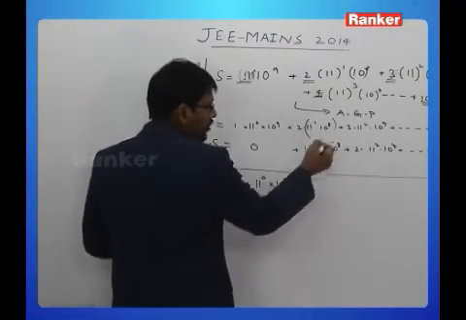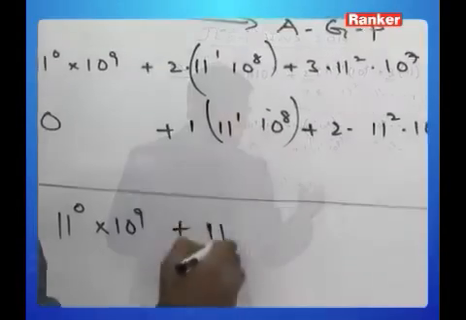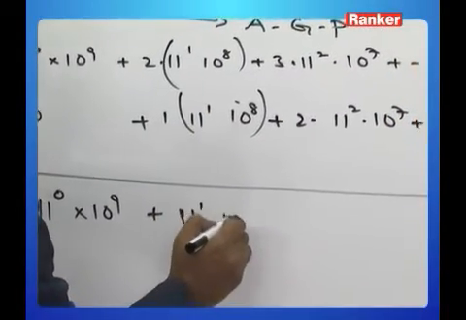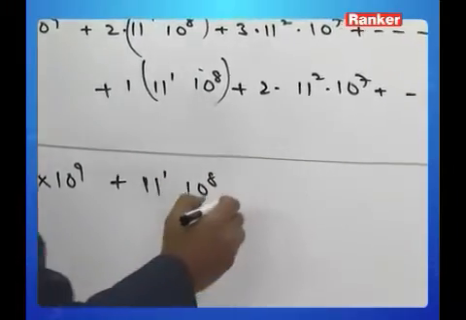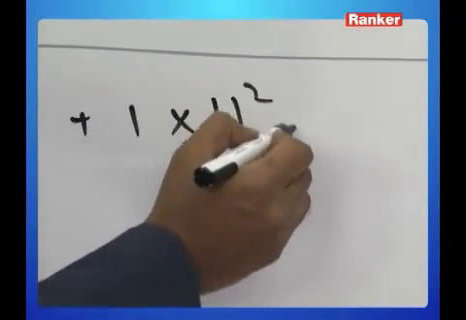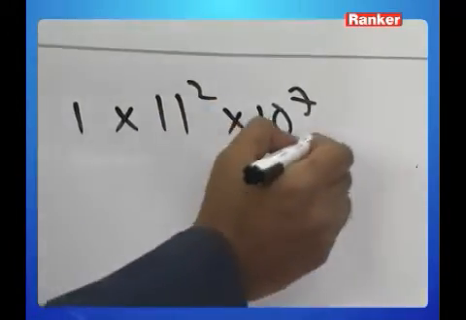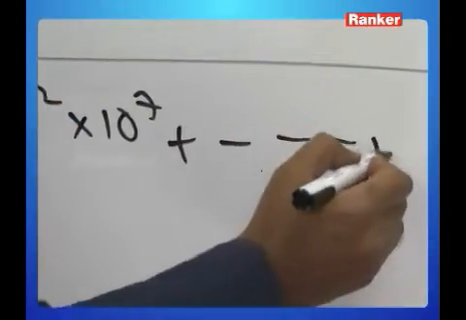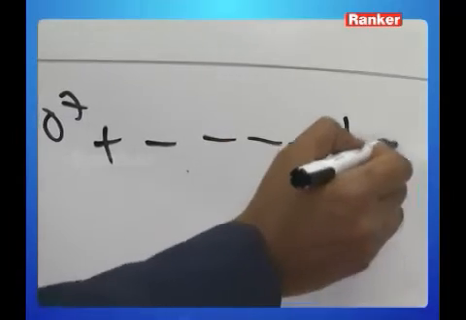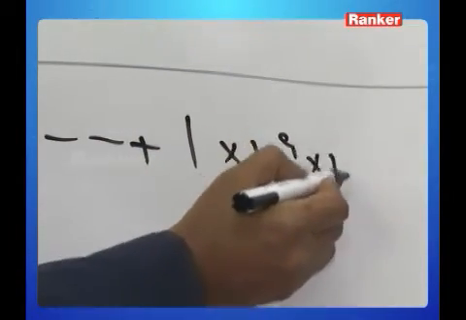And now this part is same in both of them. So 2 minus 1, that's 1 into 11 power 1 into 10 power 8, plus 1 into 11 square into 10 power 7, so on and so forth. We'll have 1 into 11 power 9 into 10 power 0.